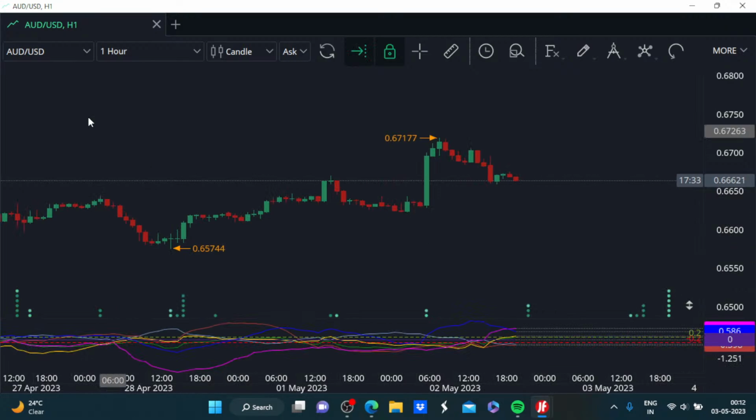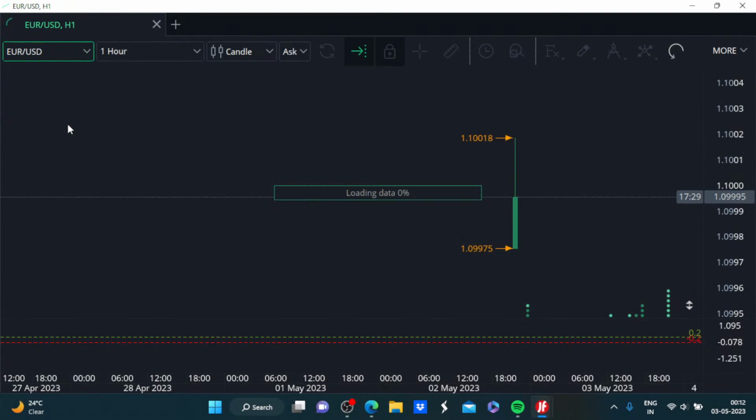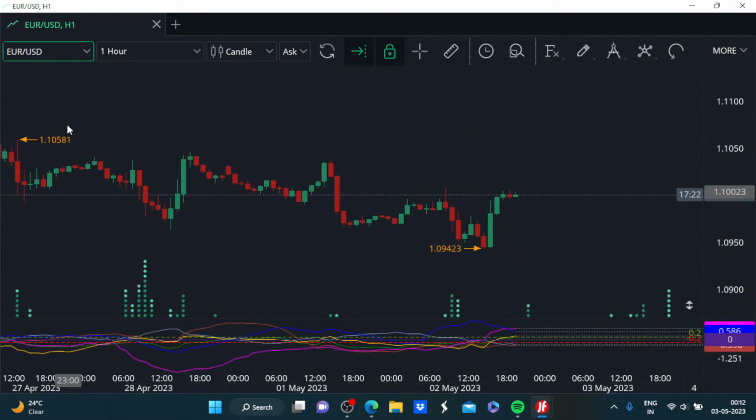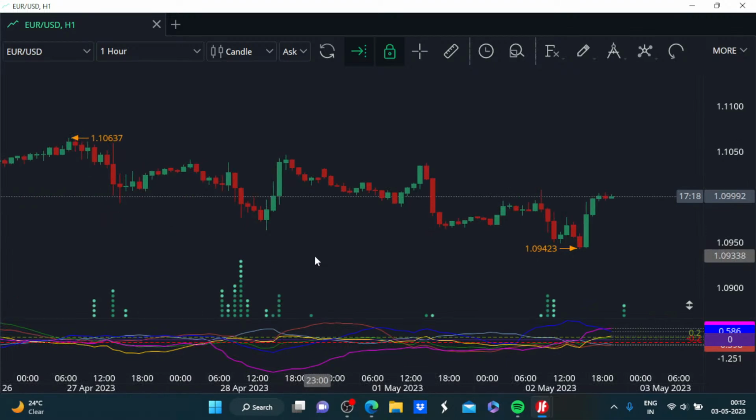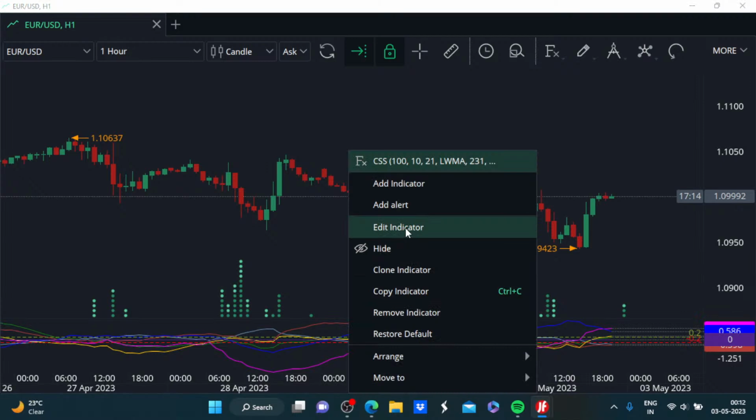So that's how these formations work. This is an interesting indicator to work with, and I'm quite sure that you will be able to figure out newer and newer opportunities using this indicator for your trading purposes. Its formation is quite simple.